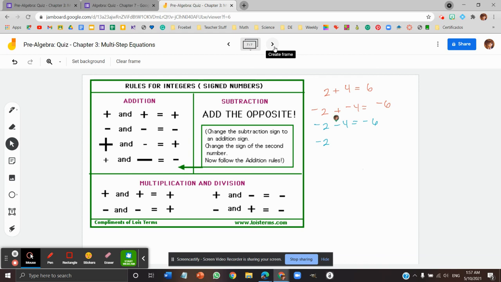I change that subtraction to an addition. But if I change it, I have to change the sign of the second one, right? And if it's positive 4, then I can change it to negative 4.